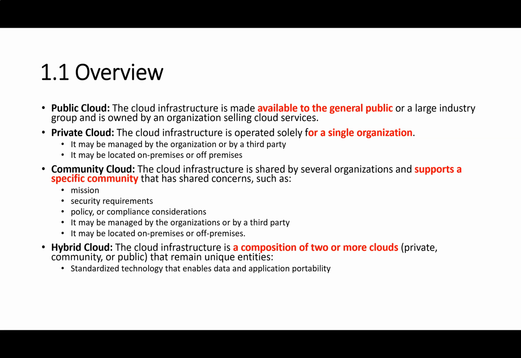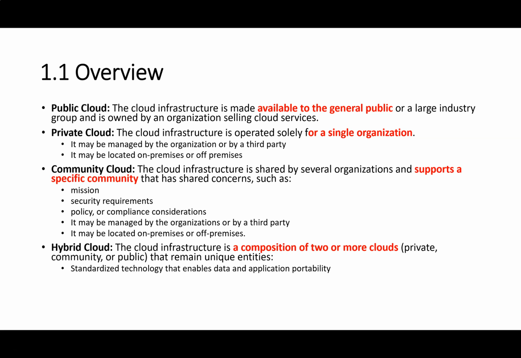Private cloud, typically for a specific organization. Amazon Web Services is an example of a private cloud that can be purchased. Services can be purchased from Amazon, but it is Amazon's private cloud. Community clouds support a specific community with a shared mission, shared policy or compliance.